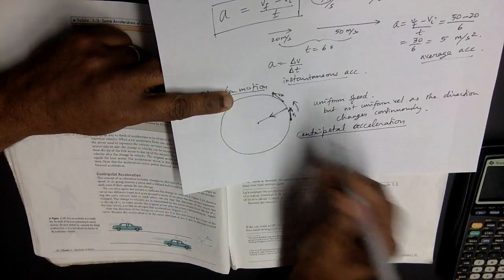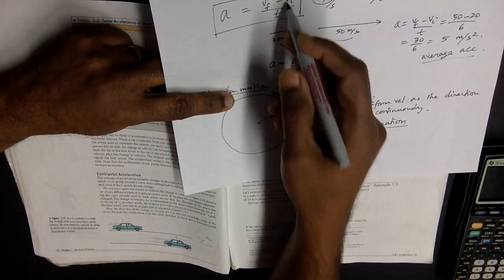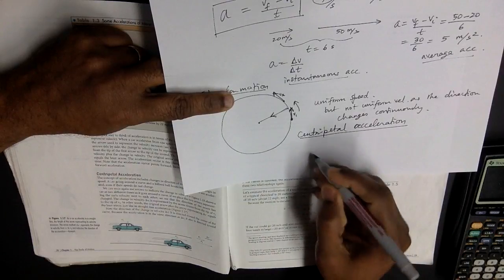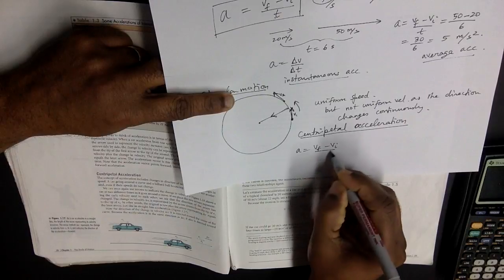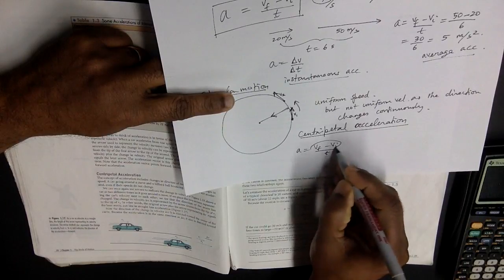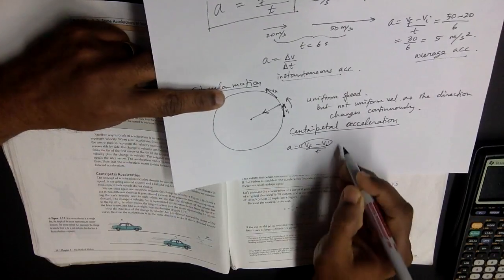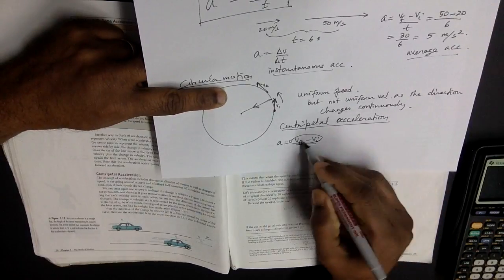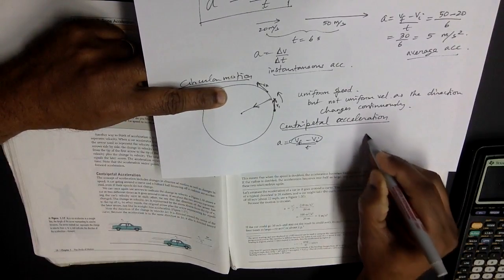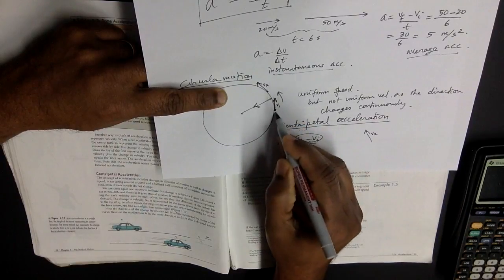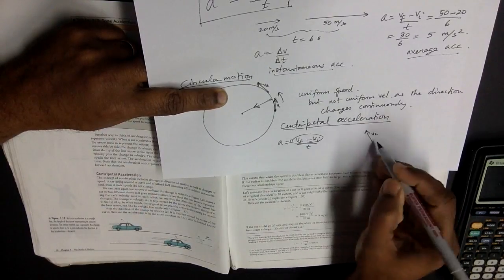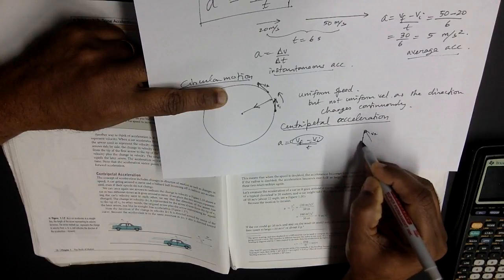How do you know that it is going to the center? You can also check it out by using this equation. So acceleration is final velocity minus initial velocity over time. If you know what this is, you should be able to figure out the direction of acceleration as well. So final velocity is that way, minus initial velocity. Now initial velocity is upward, so minus initial velocity is supposed to be downward.